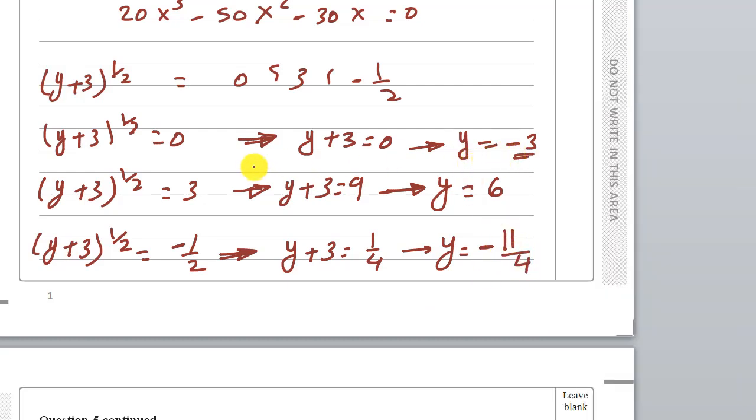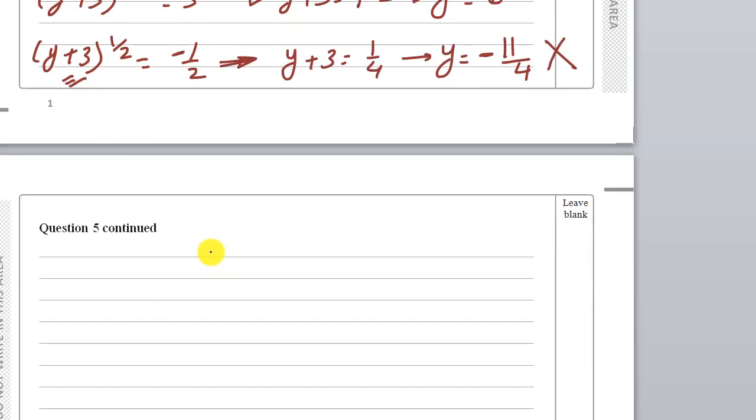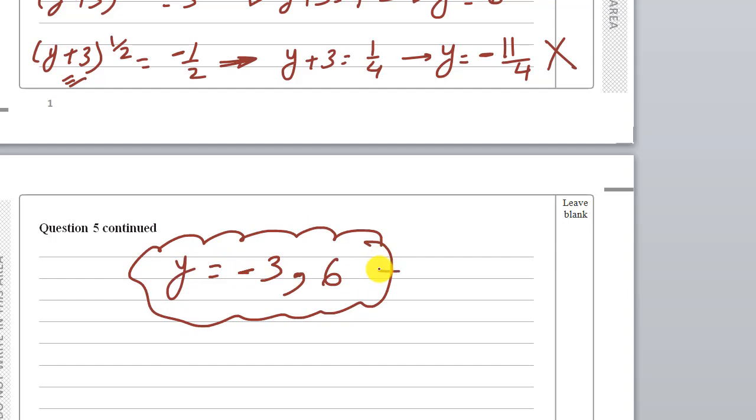Here this part will give us 0, so 0 power half is equal to 0. Here 6 plus 3 is equal to 3 square root of 3. Here it gives us minus 11 over 4 plus 3 power half equal to minus 1 over 4 power half. So this solution is wrong. So reject this solution. So y was equal to minus 3 and 6. And this is the answer of this question. Let us go ahead to another one.